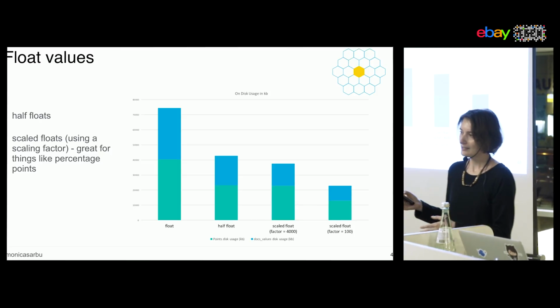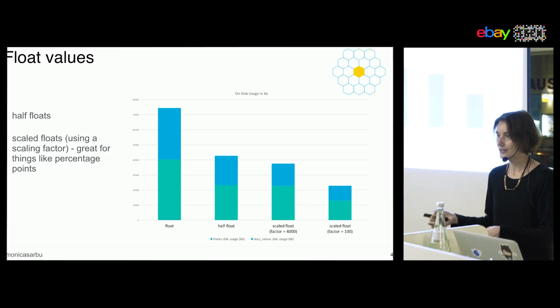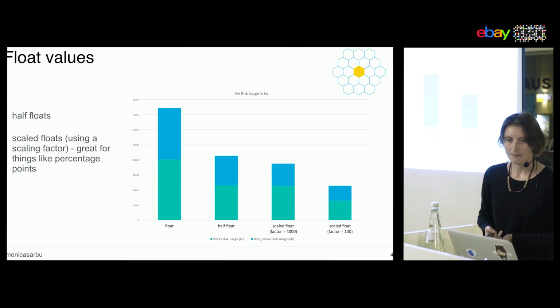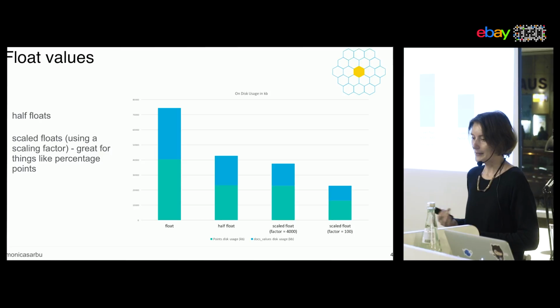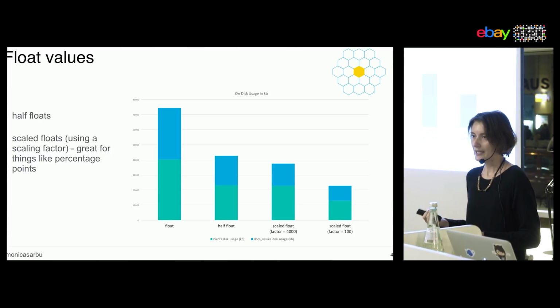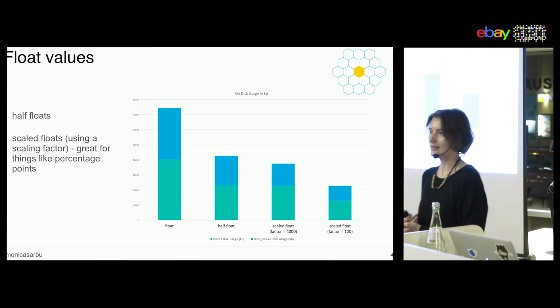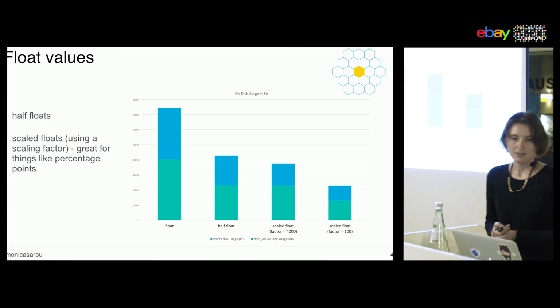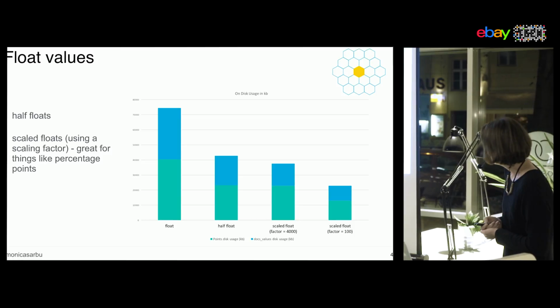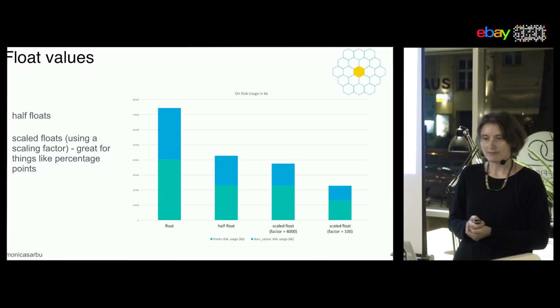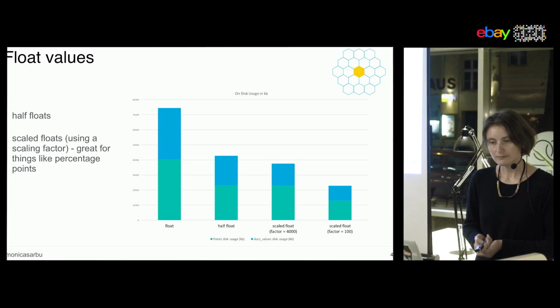And when you query Elasticsearch, you divide it by 100, and this is your float value. And this is very useful, for example, when you need to store percentages. For example, think of the CPU usage. And here are a few graphs that show you the difference.